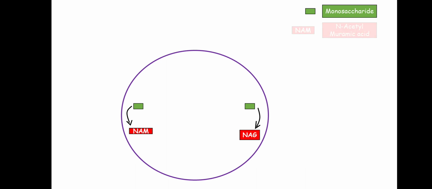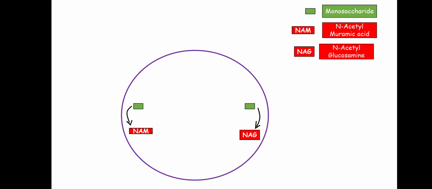So now imagine this is a gram positive bacteria. There is a monosaccharide which I have shown in a green box. From this monosaccharide it synthesizes very important constituents, NAM and NAG. NAM means N-acetyl muramic acid and NAG means N-acetyl glucosamine.